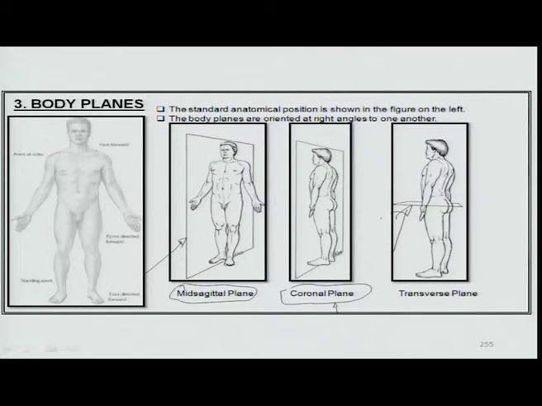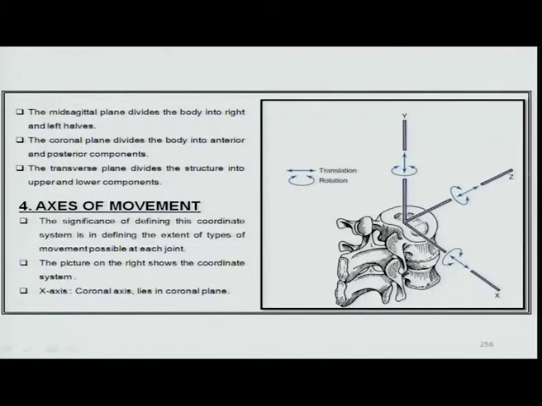So we have different plane windows through which you could categorize, and all the motions which take place are with respect to the axes across such planes. So the mid sagittal plane divides the body into right and left halves, the coronal plane divides the body into anterior and posterior, and the transverse plane divides the structure into upper and lower half components. So this we must understand before going ahead. What we did is that we studied the basic principles of kinematics.